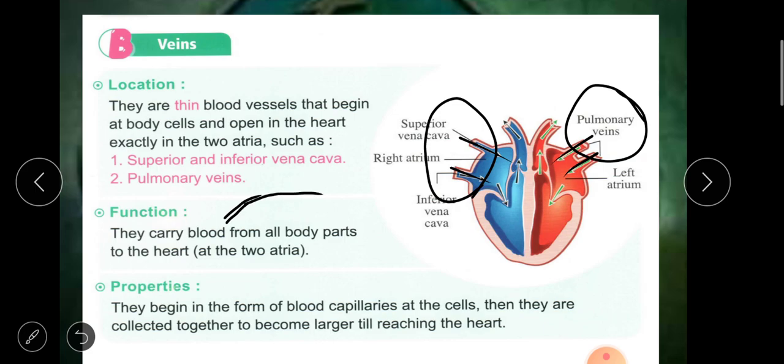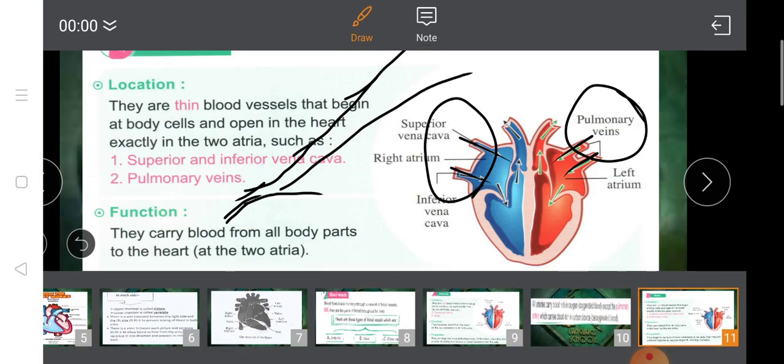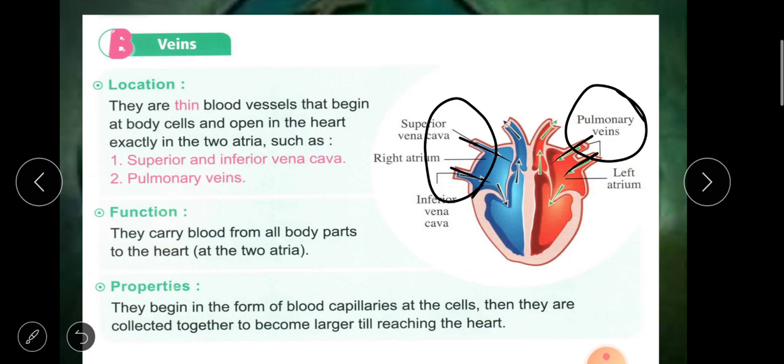Then they become larger and go to the heart. So it is opposite to the arteries too. The veins begin with the blood capillaries, which are very small blood vessels, and then they become larger.